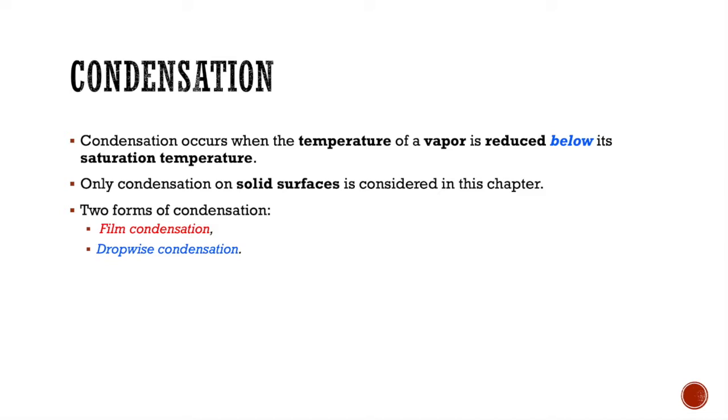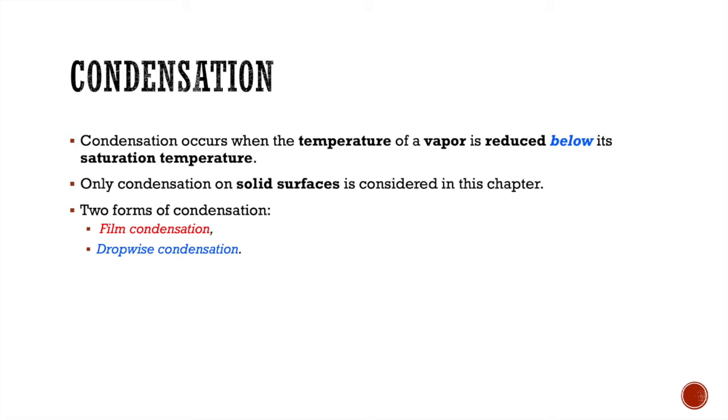In order to change the phase from vapor to liquid, you have to reduce the temperature below the saturation temperature, which is below 100 degrees Celsius. That is the definition of condensation, or when condensation will occur.